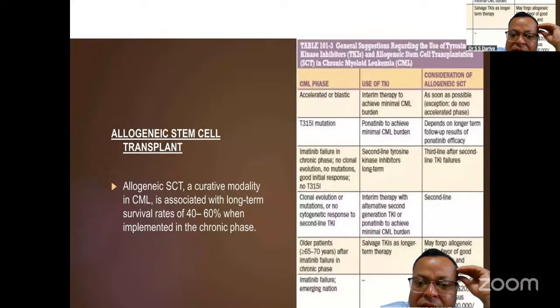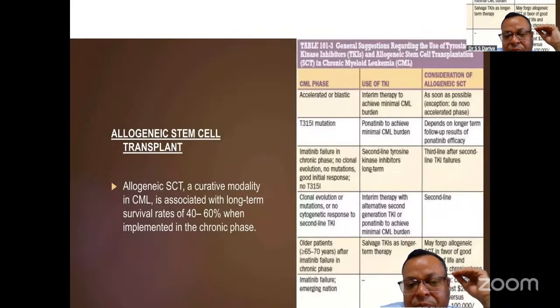If there is a T315I mutation, then it depends on longer term follow-up. If imatinib failure, then of course third line after second. If clonal evaluation, mutations are present, or cytogenetic response, then of course we should consider the second line as allogeneic stem cell transplant. This is a table again taken from Harrison.